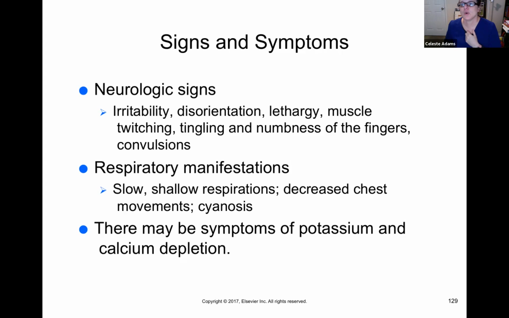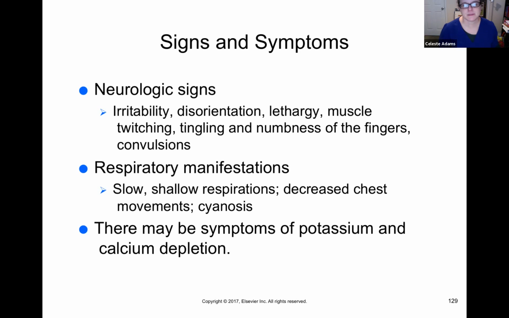So it's going to tell the body, slow your respirations, shallow respirations, hold on to that CO2. Those are some respiratory manifestations of metabolic alkalosis.